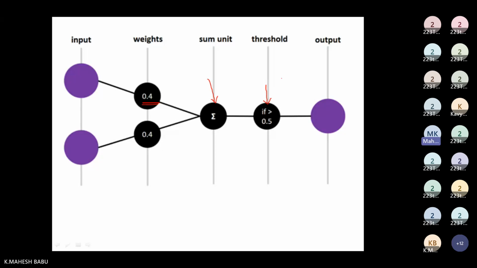If not, we need to do some corrections by updating the weights. This is the backward mechanism. You are just coming back, updating all the weights and repeating the same process again and again until you get a proper output. Whenever you get accurate output, that output is recorded.